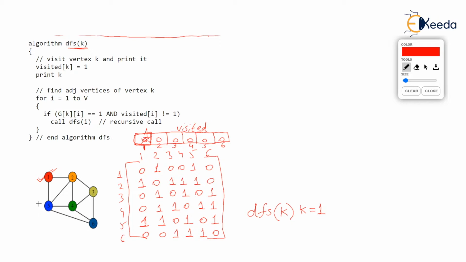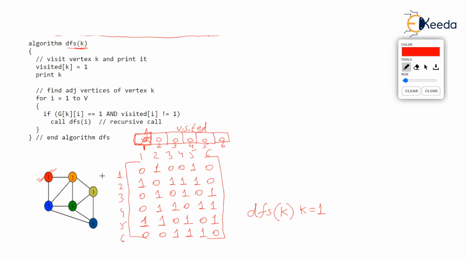But our computer algorithm will use the matrix to know who are the adjacent vertices of 1. Let's say in general, we are checking adjacent vertices of k. You observe that k is 1. We are at the first vertex. So we are interested in knowing what are the adjacent vertices. Check the cursor please. Find the adjacent vertices of vertex k, being 1 here.